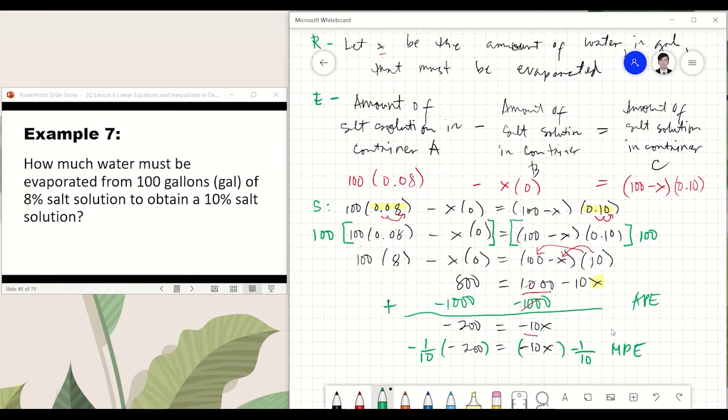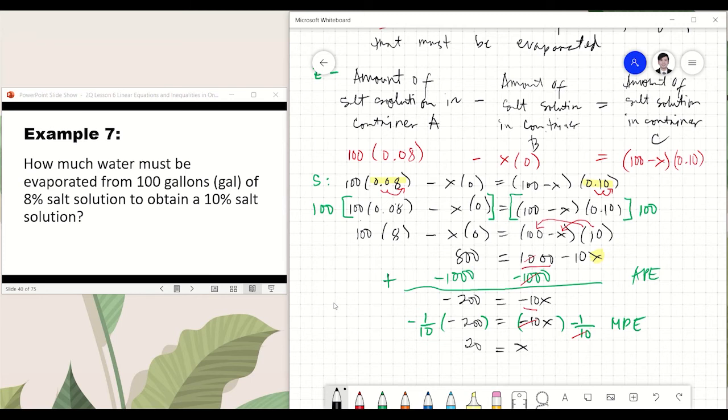So maka-cancel out na yung negative 10. Magiging 1 na lang, 1x. The negative 1/10 times negative 200 is 20. So kung mas comfortable tayong makita yung 20 sa right side, yung number lang, and then yung variable sa left side, okay lang din. So x is equal to 20.